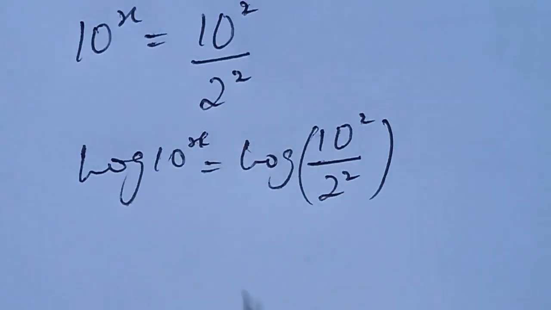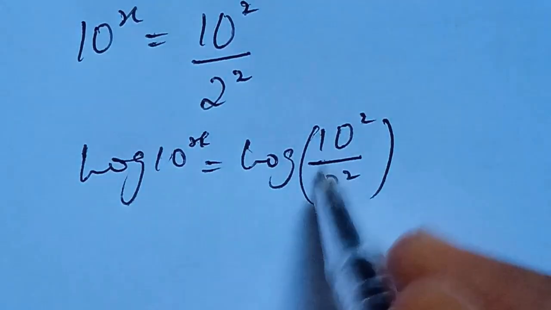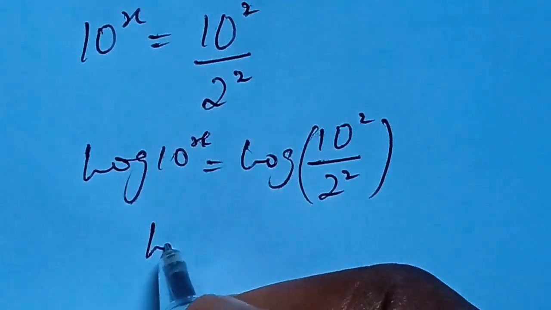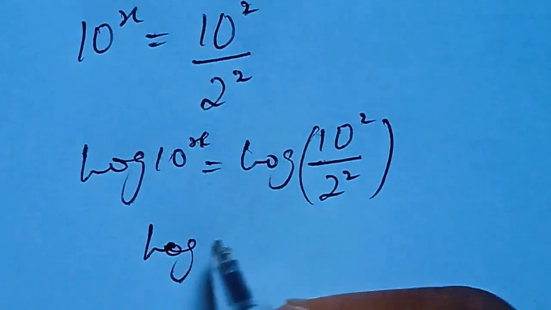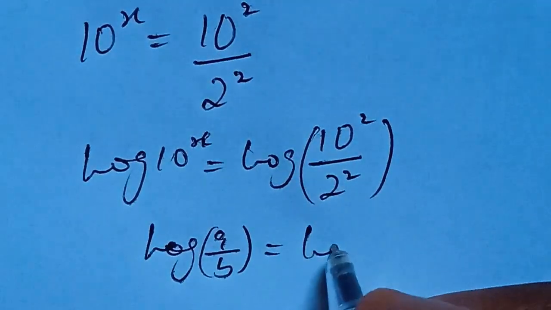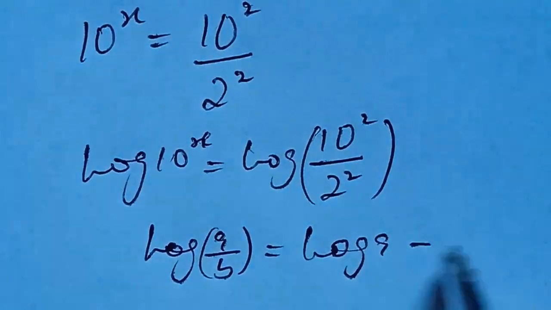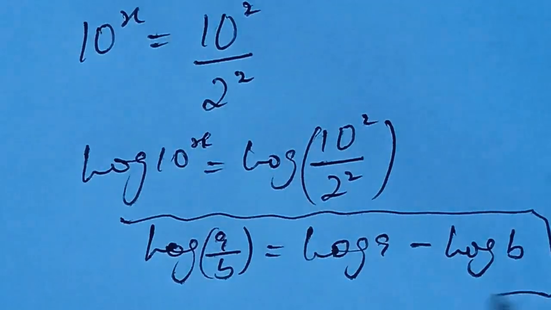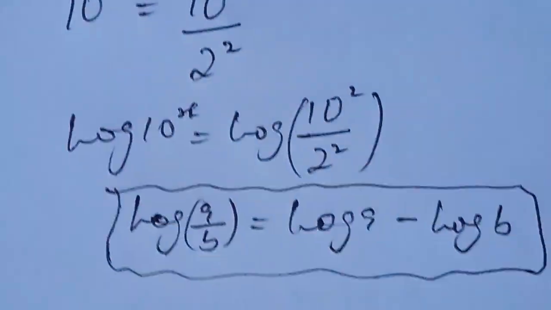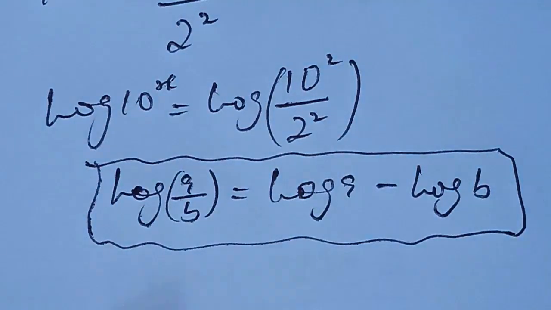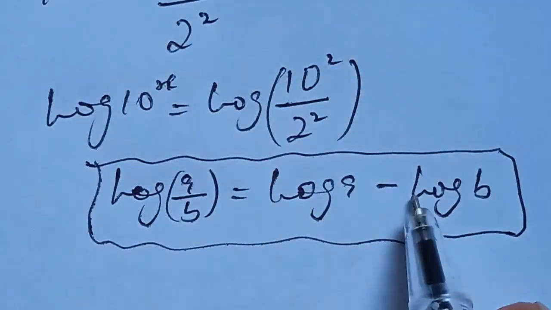Now here we can also rewrite this in the form where log a divided by b can be written as log a minus log b. So using this to simplify the right hand side, we can now put this in this form.